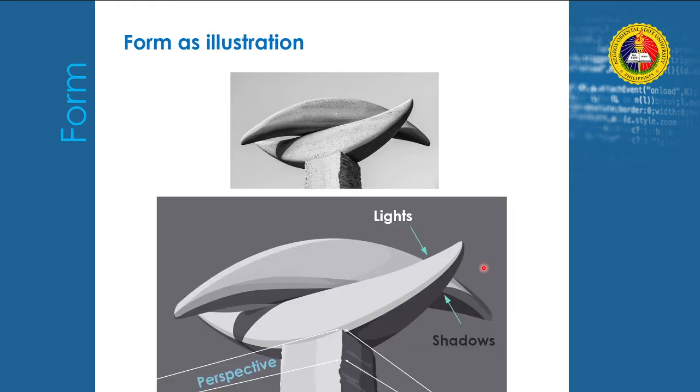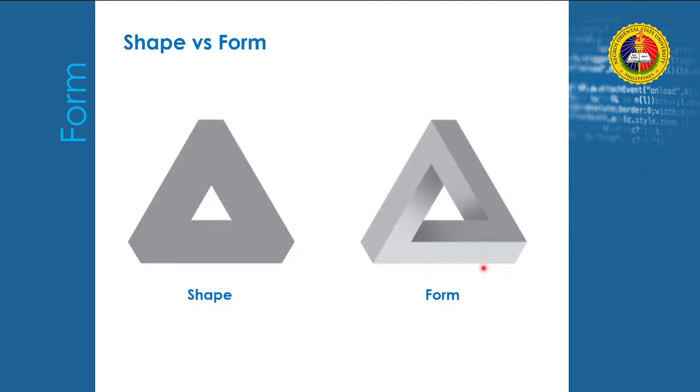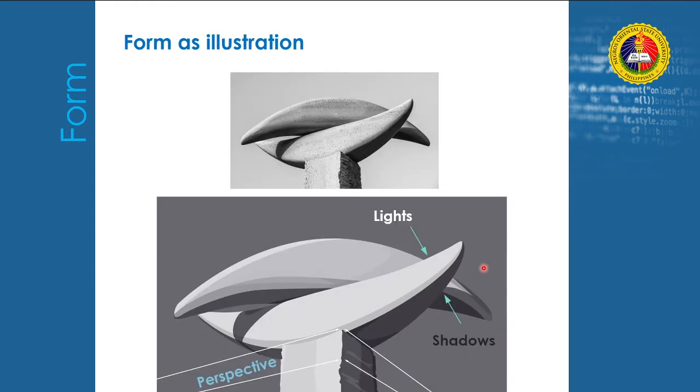Forms don't have to be three-dimensional. Although we specifically discussed that forms are three-dimensional objects, it doesn't necessarily have to be three-dimensional objects all the time. They can also be implied through illustration, using techniques like light, shadow, and perspective to create the illusion of depth. So let's say, for example, the first image is an exact, real 3D object.